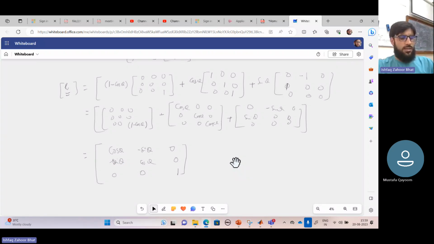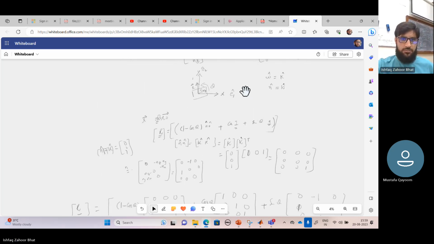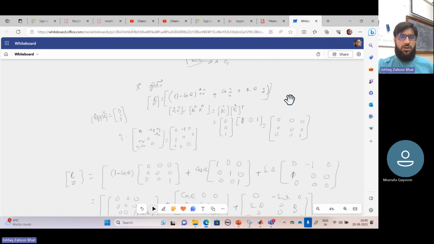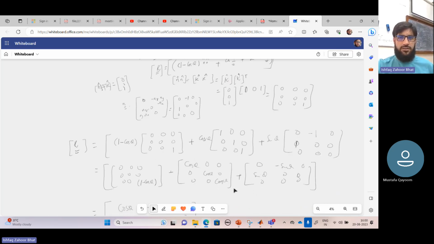Some of you may be thinking that we went to a very generalized thing, and now we are again coming to some particular cases. This is only because this rotation tensor was very new, so to give a flavor that this is not a different thing, it is just similar to what we have already done.